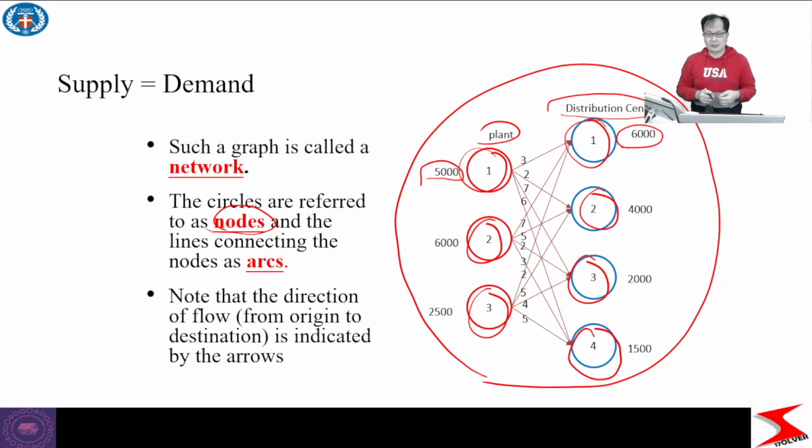So in this problem, we try to find how plants ship their goods to different distribution centers so that the total cost is minimized.